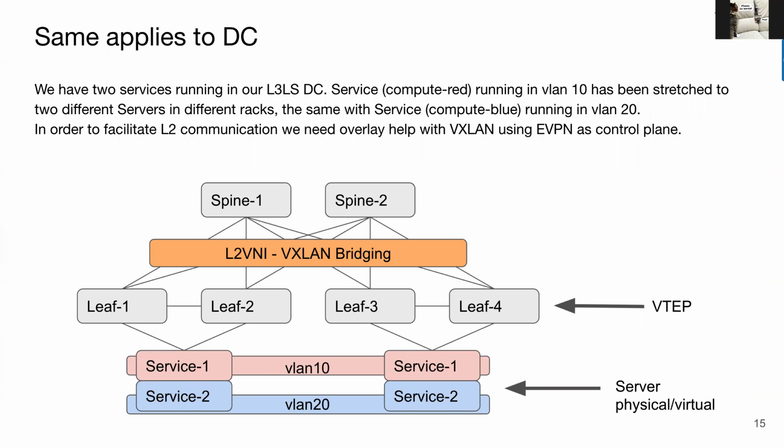If we were within one data center, we can do the same thing. We can have multiple services that stretch between different leaf pairs, different top of rack switches. We still want to be able to communicate east-west.